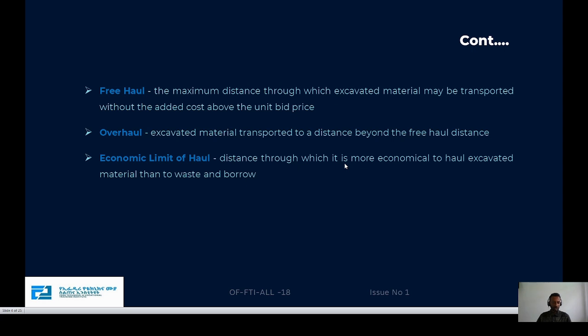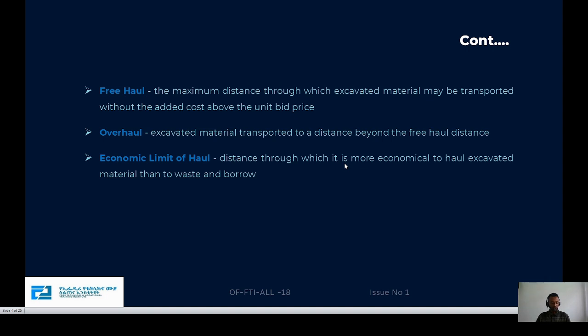Overhaul distance is the distance beyond the free haul distance, for most projects from 300 up to above 500 meters, so there is a cost per kilometer.